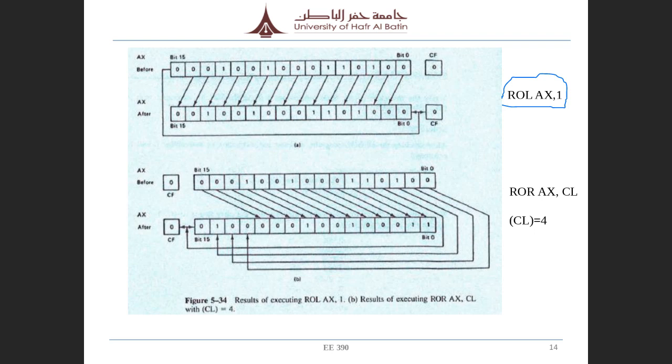This bit that goes out fills up the carry flag and also fills up the empty bit. So if it is 1, the empty bit will be 1 and the carry flag will be 1. If it is 0, the carry flag will be 0. That means there is no change in the number of 0s and 1s during the rotation.